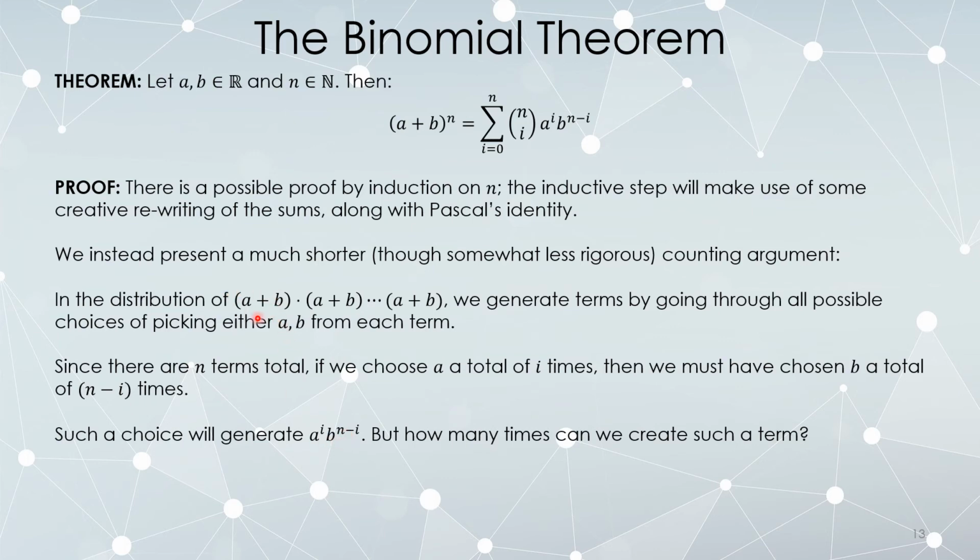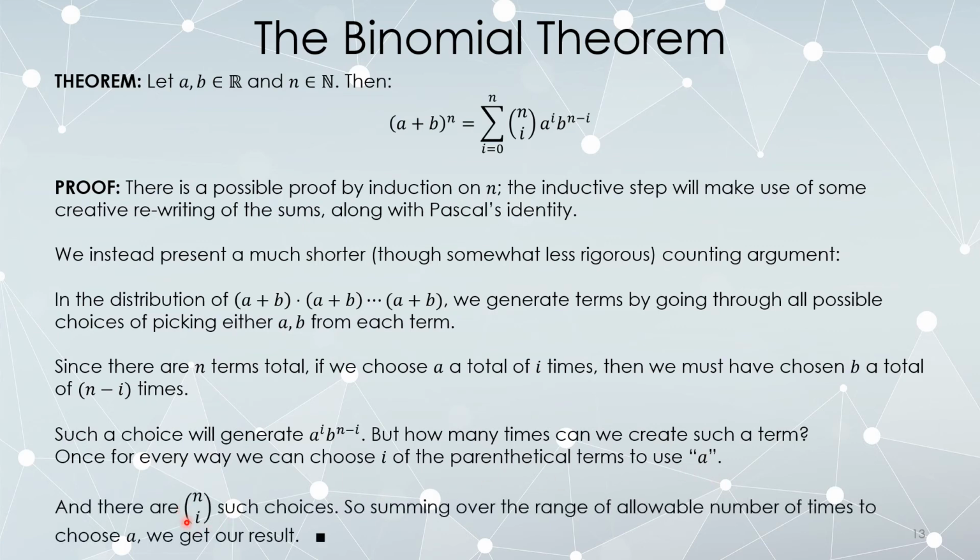So any way I can choose exactly i a's will generate this term, because I will necessarily choose n minus i b's. So how many ways can I choose i a's? Well, I can do so once for every way that out of all of the parenthetical terms, i of them I chose a, and the rest of the time I chose b.